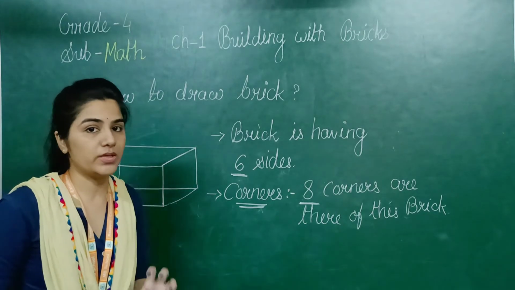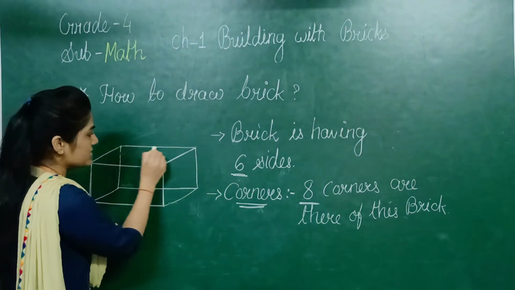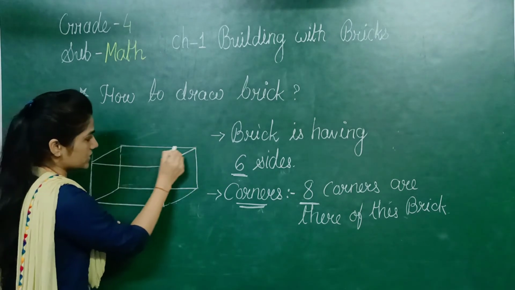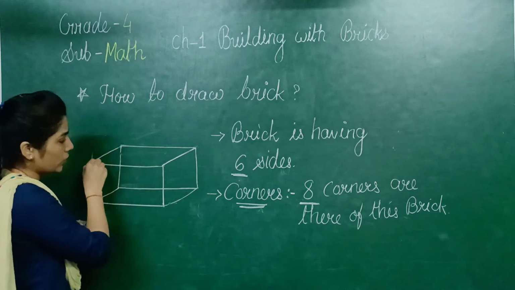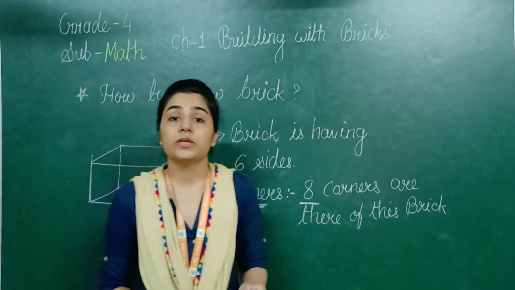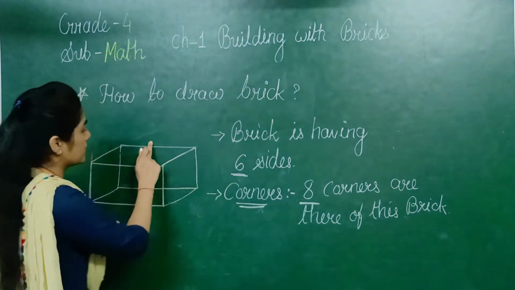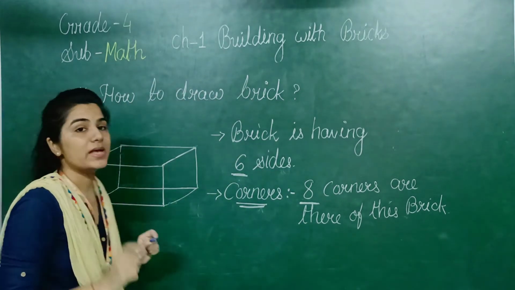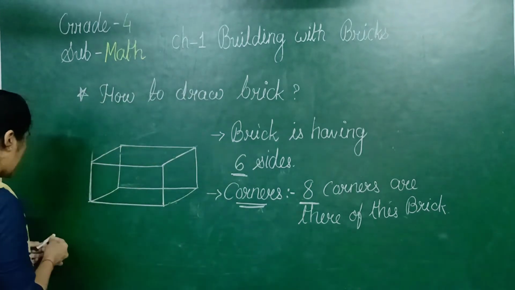Sides we are not counting right now. Edges we are counting. That means whichever line segments are there. This is one line segment, second line segment, third, fourth. These line segments are joining with each other, right? So each line segment we are counting as an edge. I am showing you by writing the numbers.